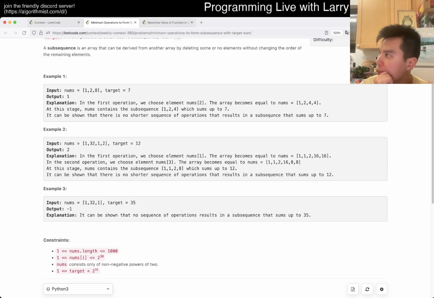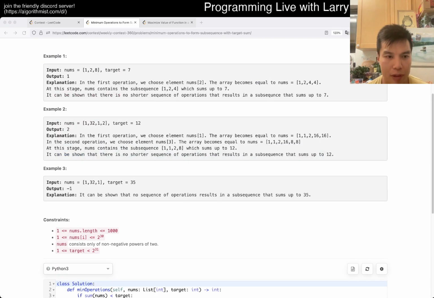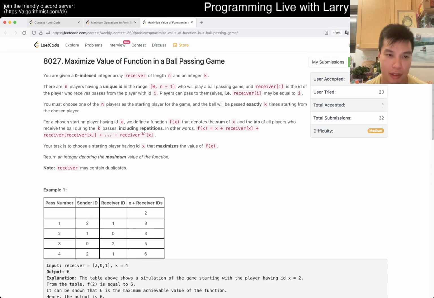Does that mean greedy works? I do not know this one at all. I'm gonna skip ahead. Only one person got it, so maybe not even that good either.